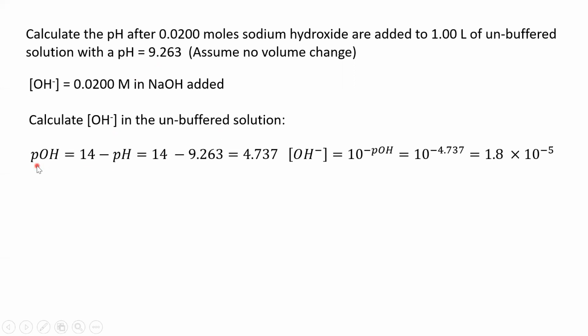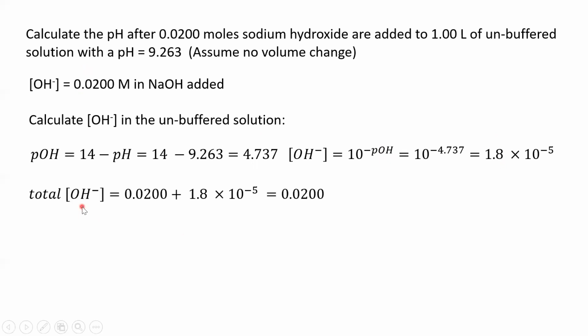So if we were to take the pH and subtract it from 14, that gives us the pOH. If we take 10 to the negative pOH, that'll give us the hydroxide ion concentration. Now, we have hydroxide from the sodium hydroxide, and we have hydroxide from the unbuffered solution we're adding it to.